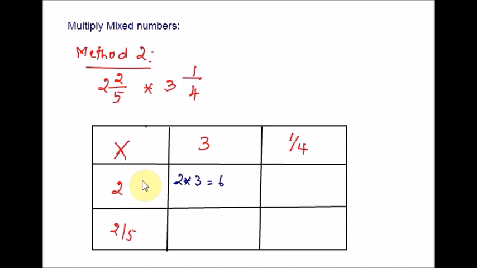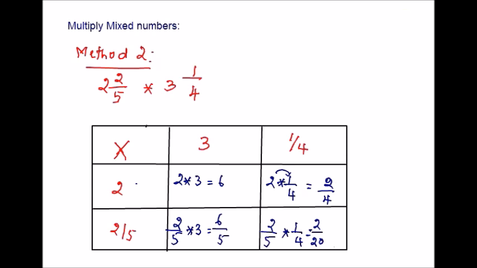Now multiply this 2 with 1 over 4. So this would give you 2 over 4, which can be reduced to 1 over 2. Same way multiply the next one. You're getting 6 over 5 by multiplying 3 and 2 over 5. Now let's multiply the fractions 2 over 5 and 1 over 4.